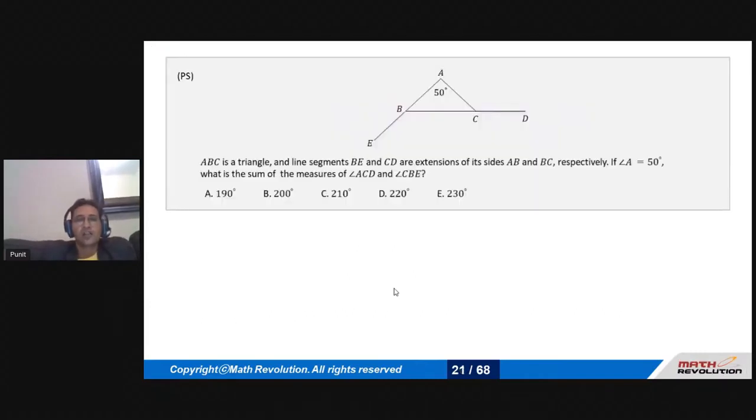So let's talk about this question based on the exterior angles. ABC is a triangle. There are line segments BE and CD, which are the extensions of its sides AB and BC. Angle A is 50 degrees. We need to find the sum of the measures of angle ACD, which is an exterior angle, and angle CBE, which is also an exterior angle.